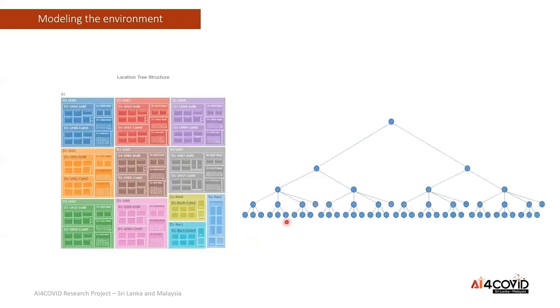And similarly, we can build a big graph, a big tree that has these connected components, which gives information about the local space. So for example, this is the garment factory that we are talking about. This is the garment sector, and this is the garment canteen that I was talking about.